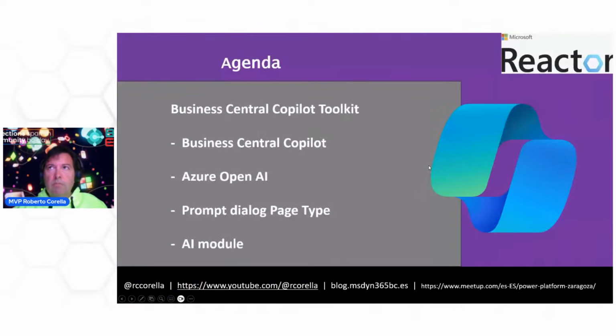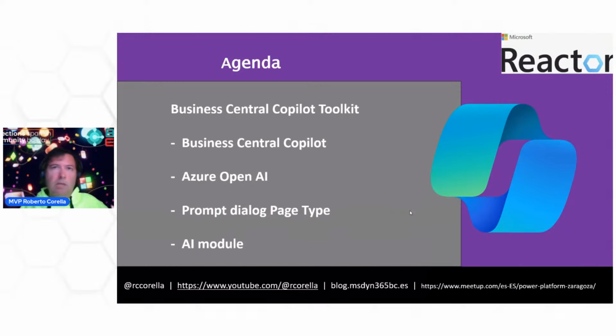What is the thing that we see today? Business Central Copilot Toolkit. What is this? What is the Business Central Toolkit? What is Business Central Copilot? We are speaking about Copilot in Business Central. Firstly, I want to explain a little about Business Central. I know everybody knows what Business Central is, but I will explain a little about this.